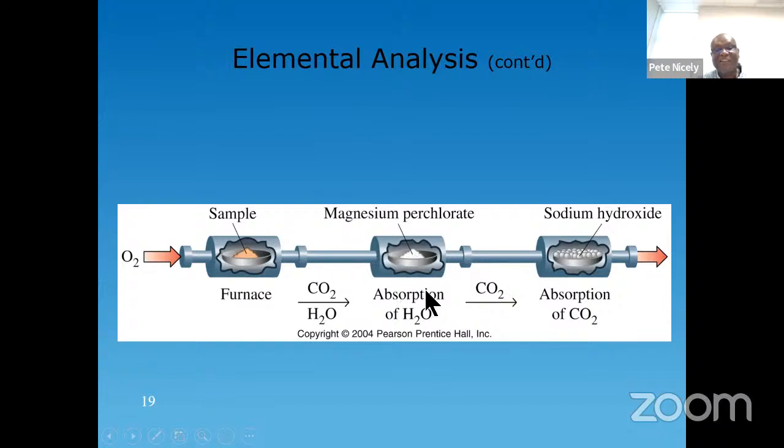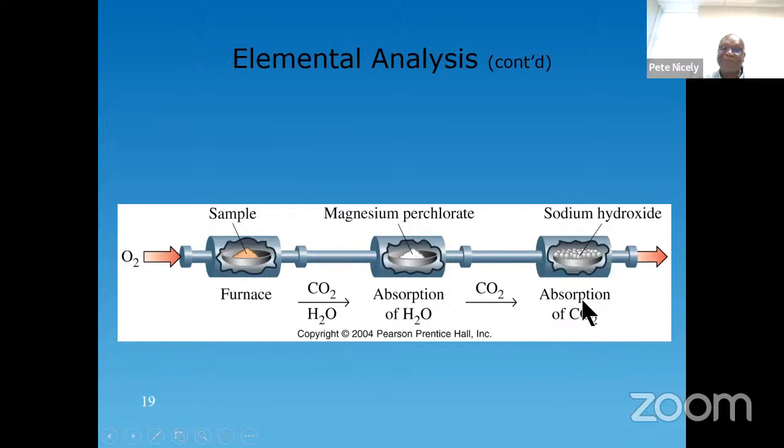The key thing that you need to do is to ensure that you have enough of the magnesium perchlorate here, so that it absorbs all the water that is produced. Then after that, the only gas that should be emerging from here would be the carbon dioxide, and that will be led into the next compartment, which contains, in this case, sodium hydroxide, and potassium hydroxide could be used just as well for this purpose.